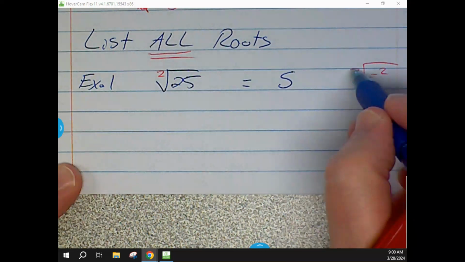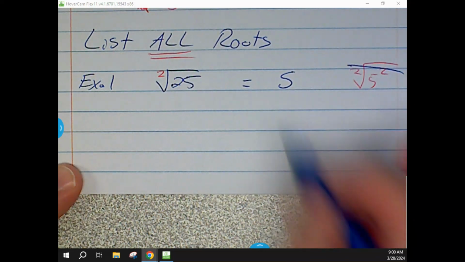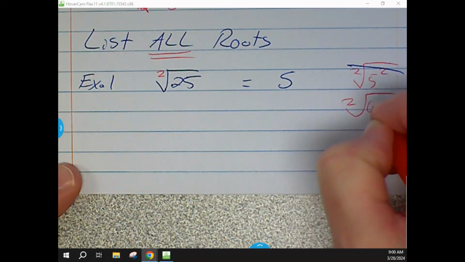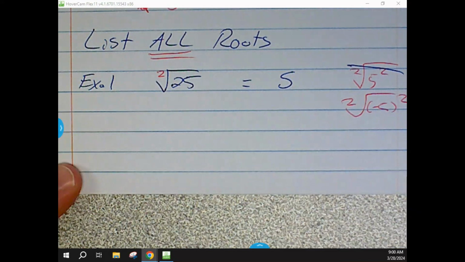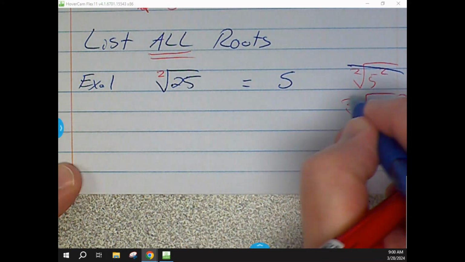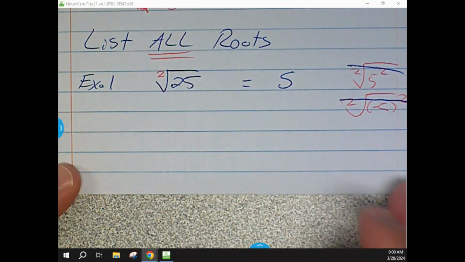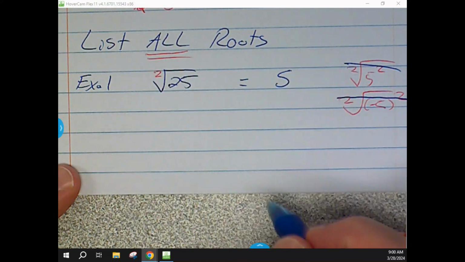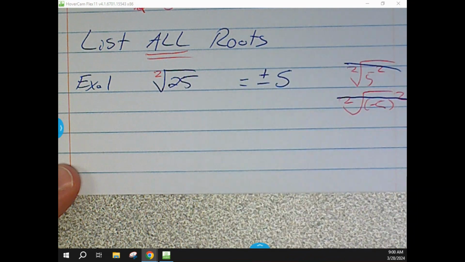So the square root and the square cancel each other out and give us the 5. Is there another number we can multiply by itself and get 25? Negative 5. Thank you. So when we take the square root of negative 5 squared, because negative times negative makes it positive, those would cancel. So this is one of those answers: if it says list all the roots, we're going to put a plus and minus.